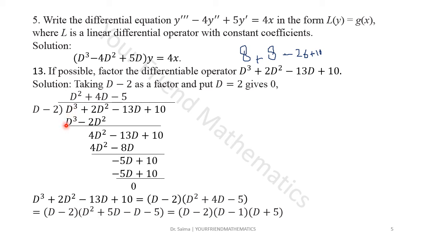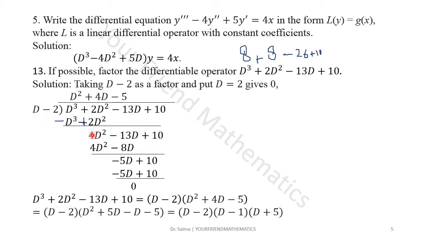Here we get minus D cubed, and here minus D cubed, and here plus 2D squared. Now it will become 4D squared. D cubed minus D cubed cancels out, and 2D squared becomes 4D squared, and we pull down these two also.